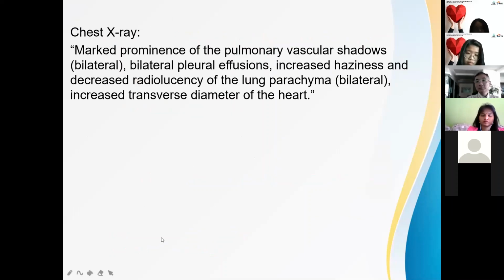X-ray shows marked prominence of the pulmonary vascular shadows, bilateral pleural effusions, increased haziness and decreased radiolucency of the lung parenchyma bilaterally, and increased transverse diameter of the heart. All right. Now, if you can, please go and look at the video on my YouTube about my CCF lecture, because I showed pictures of X-ray abnormalities.